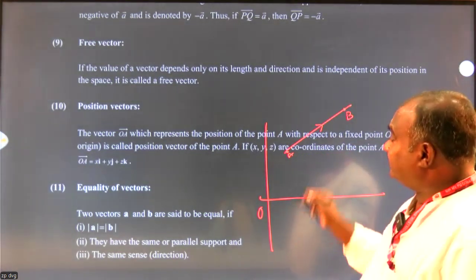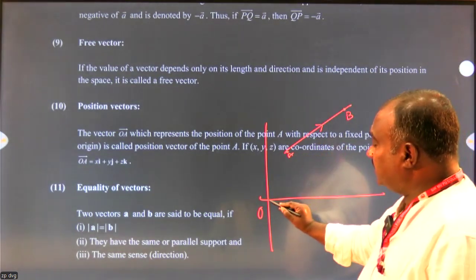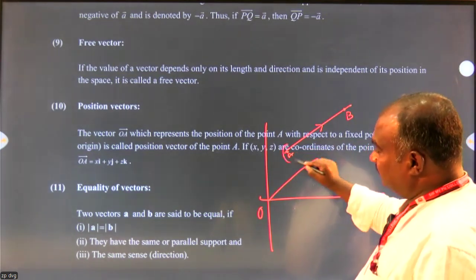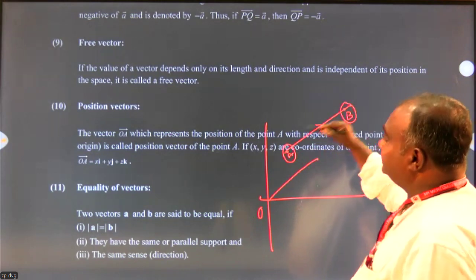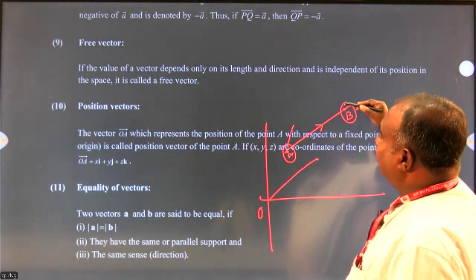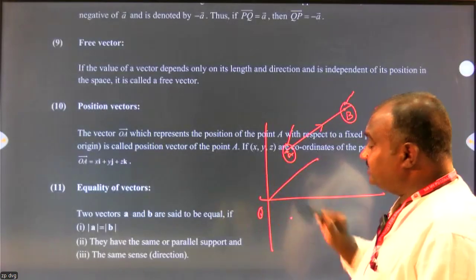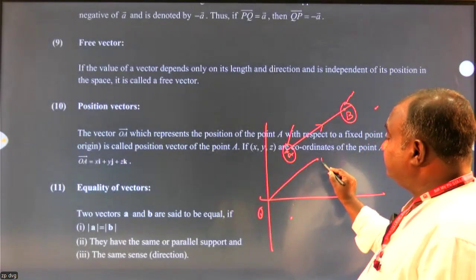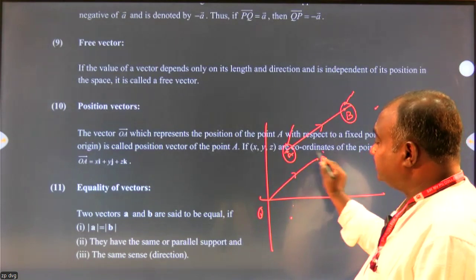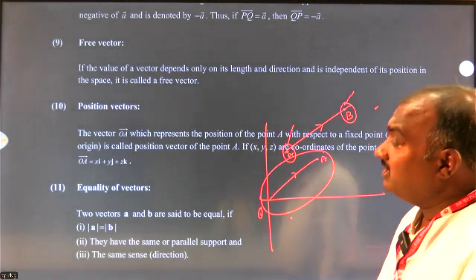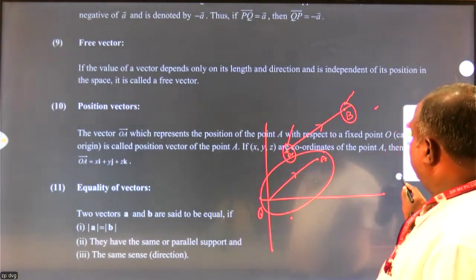And what is the position vector? If you draw the same vector with initial point as the origin, here A is called the initial point and B is called the terminal point. If the initial point is the origin O, then OA bar is called the position vector. Okay.